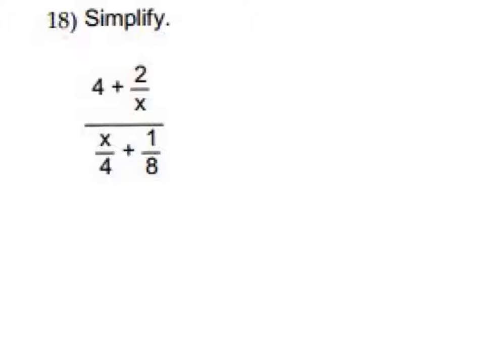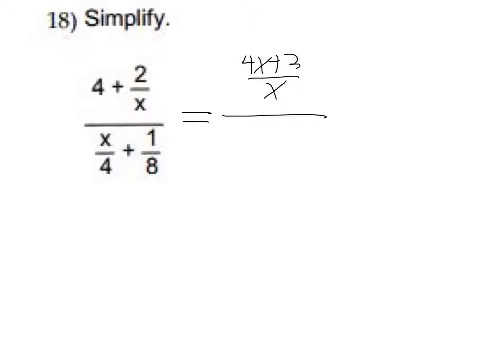Simplify. Okay, we have a fraction, big fraction line. In the numerator, we have a fraction. In the denominator, we have fractions. So we have fractions inside of fractions. That would make this a complex fraction. So with complex fractions, there are two basic techniques to simplify. One is to work the problem till the top is a fraction. In this case, it would be 4x plus 2 over x.